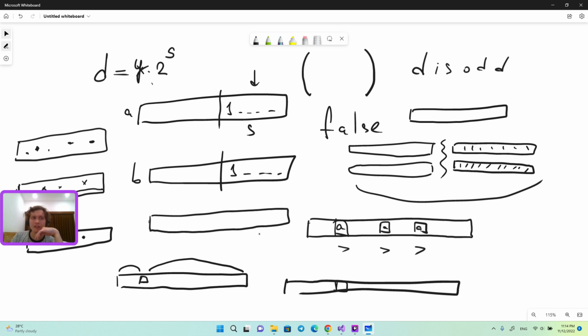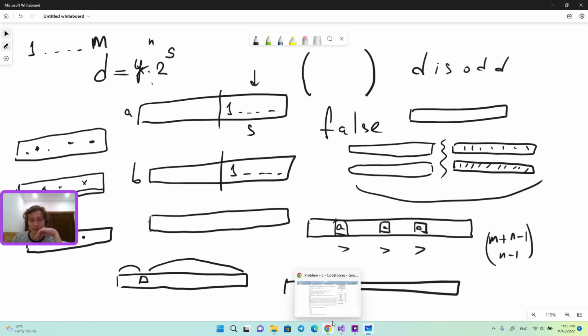So we can have any numbers from 1 to m, and we want to have n numbers. So I guess it's m plus n minus 1 choose n minus 1. Let's check it.